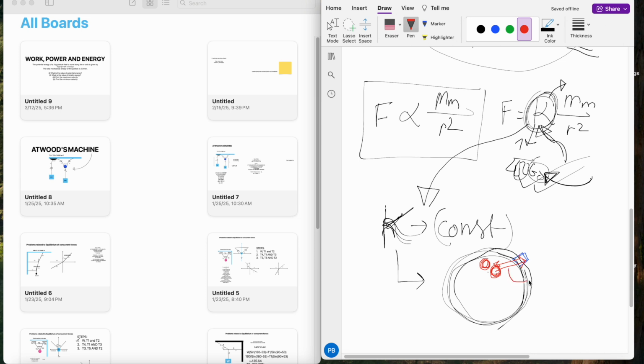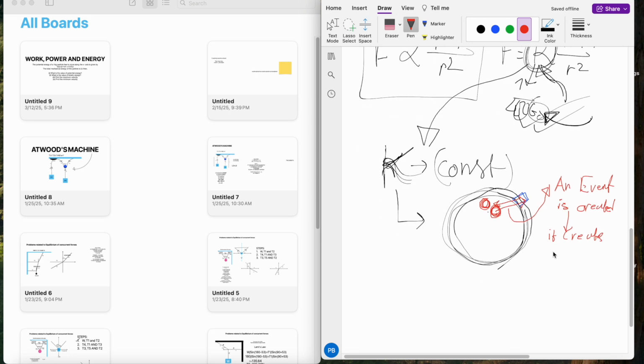By this exchange of particles, an event is created, and it creates a force.